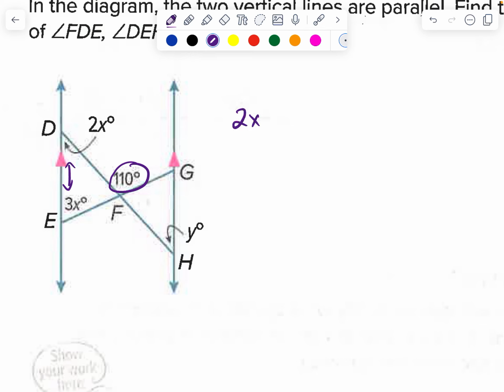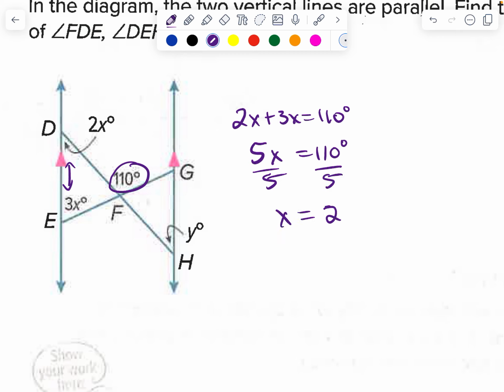So 2x plus 3x equals 110. 5x equals 110. Divide by 5. Get x equals, goes in 22 times. 22. So this angle would be 44 degrees. This angle would be 66 degrees.